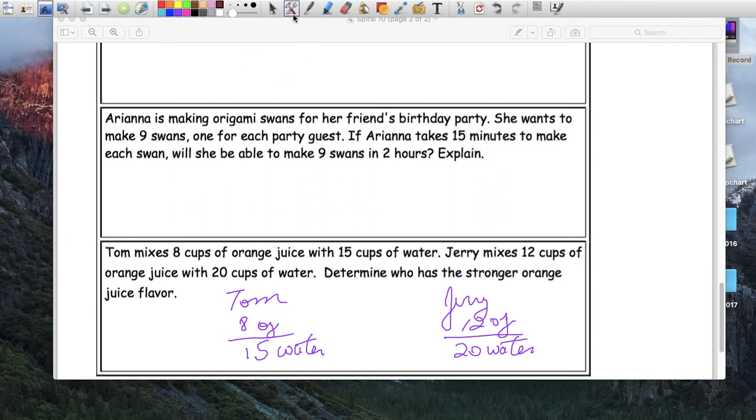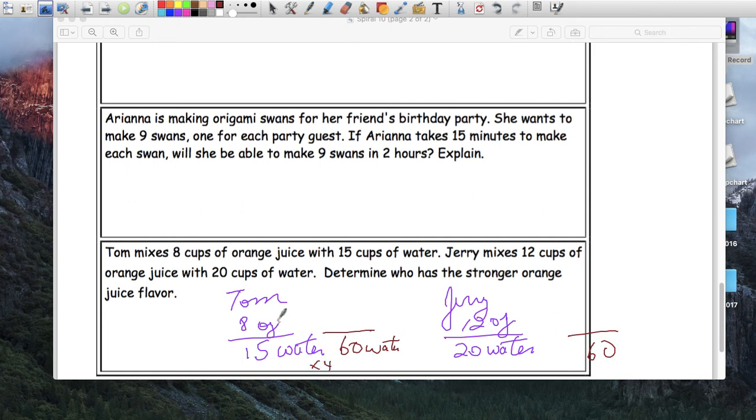Change colors. So what's the LCM between 15 and 20? I'd say 60. So when you give Tom 60 cups of water, how did the 15 become a 60?